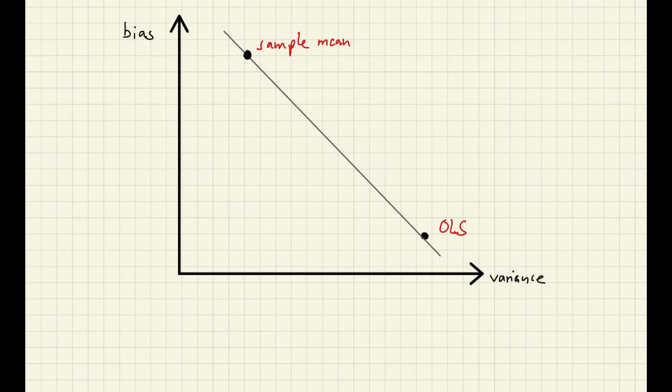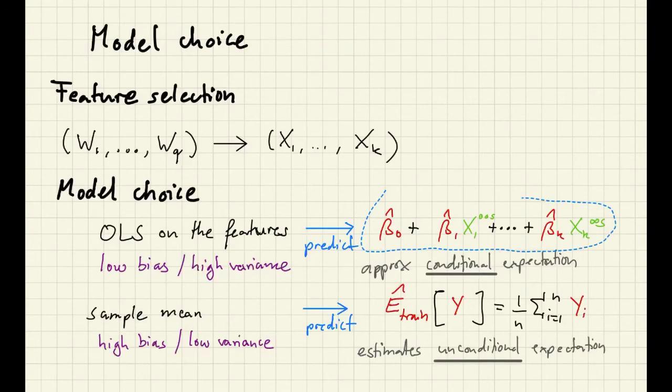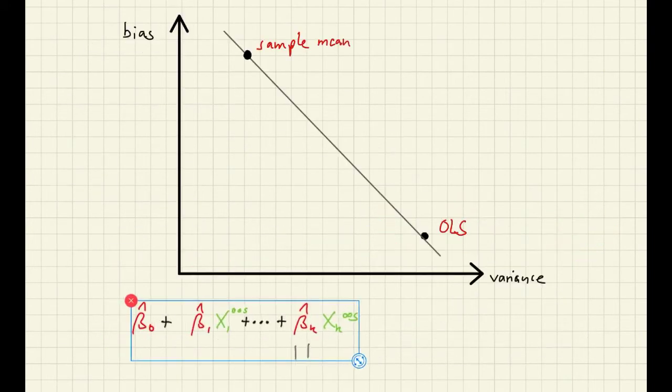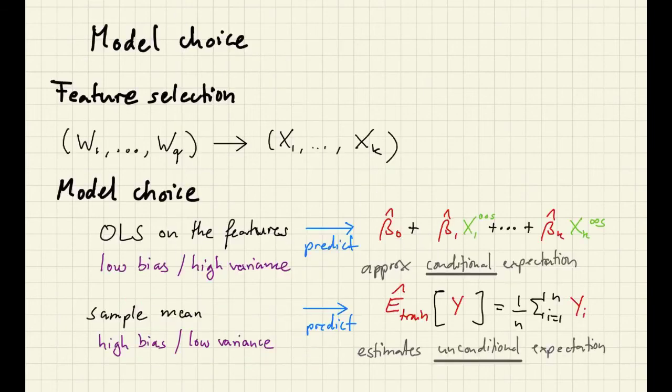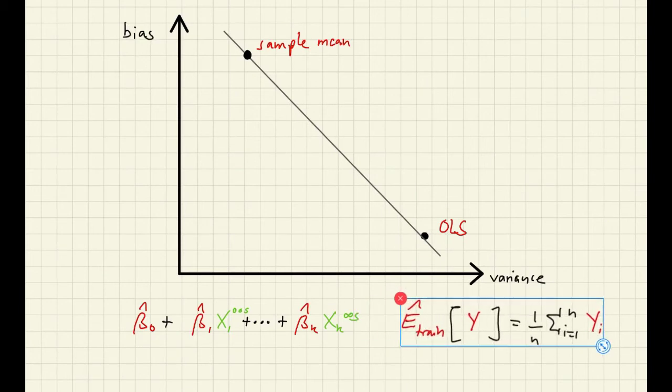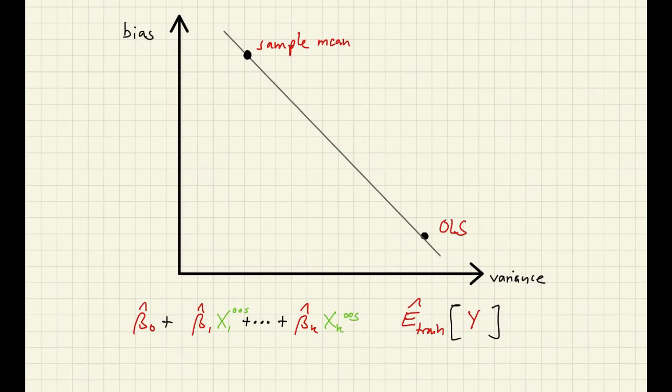So what I mean, let's take the OLS prediction and let's take the sample mean prediction, and we combine them by taking 1/2 of each.